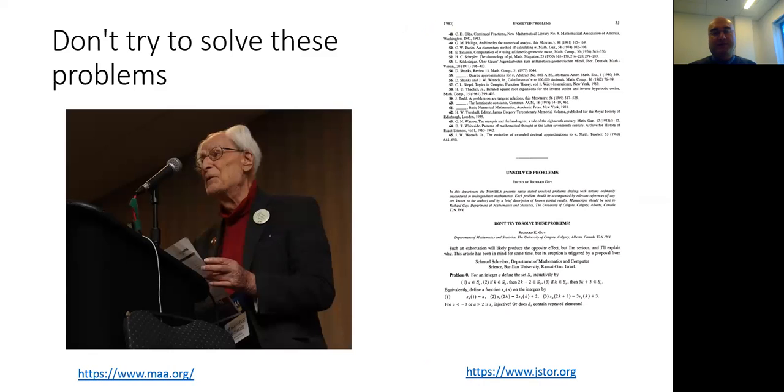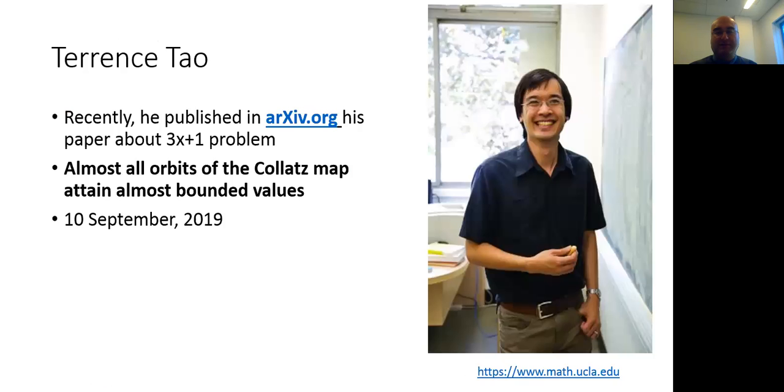Of course, this had only the opposite effect, because many people became interested in this problem. But there is such a list, and there are reasons listed in the paper why these problems should not be tried. I strongly recommend reading this article.